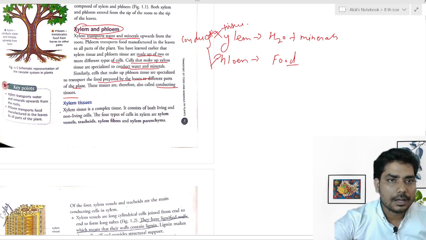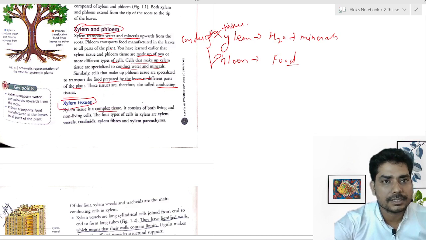Even when we talk about xylem, it is a complex tissue. What is xylem tissue? Xylem tissue is also known as conductive tissue or vascular tissue, and it is a complex tissue.